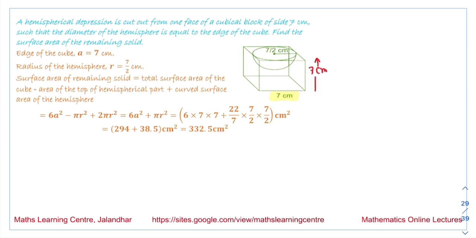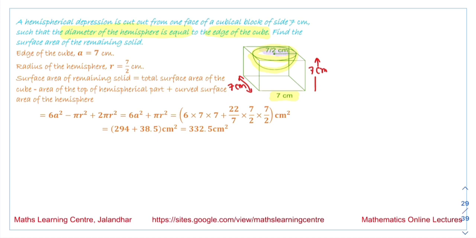The height is 7 centimeters, and the breadth is also 7 centimeters. This hemispherical portion is cut out from this part, and the diameter of the hemisphere is equal to the edge of the cube, which means the radius is 7 by 2 centimeter. We have to find the surface area of the remaining solid.